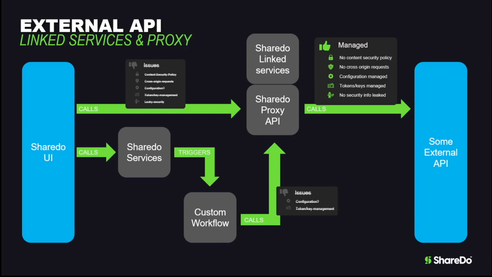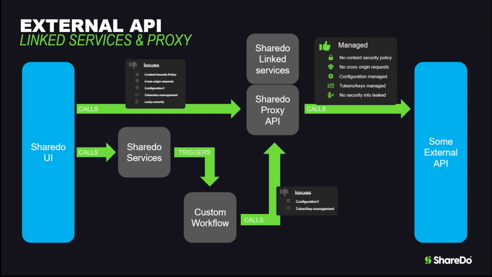Sorry, one other component of the URL is also the name of the link service. So you can't use the Proxy API just to arbitrarily call any old service. It has to be one of the link services that's been defined, and the link service has to be set up to enable proxy.